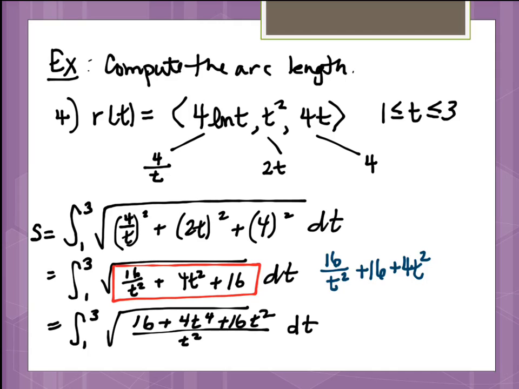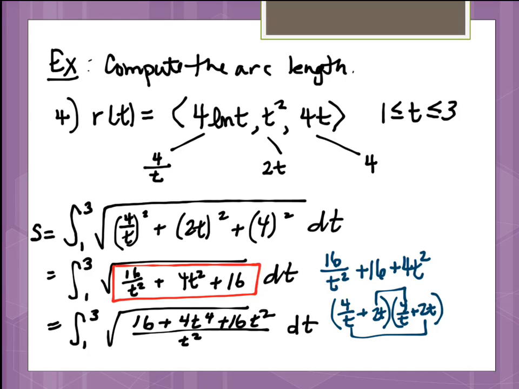The first term and the last term are simply things that are squared, and the middle term is what you get when you factor this: 4 over t and 2t, both plus, and the inside and outside terms do multiply to give you the middle term. So you could recognize it from there too, potentially.